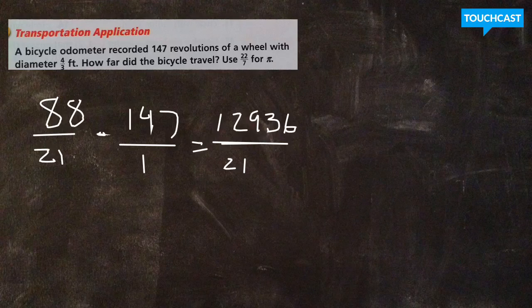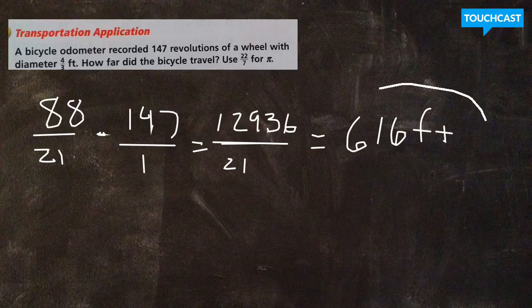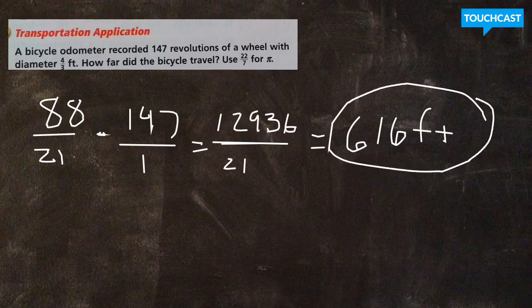Which is going to give us 616 feet. So that means the bicycle traveled 616 feet. Alright, so for the rest of your homework tonight, I would like you to complete the Your Turn problems in your guided notes. See you later.